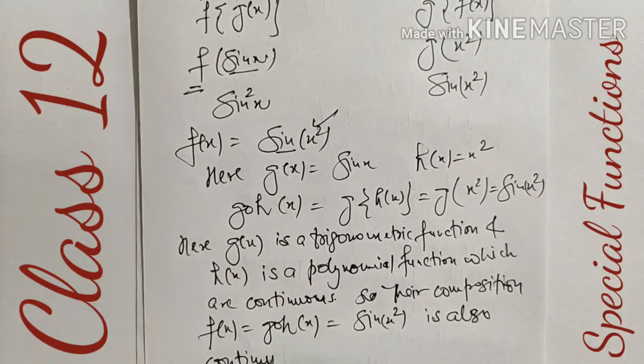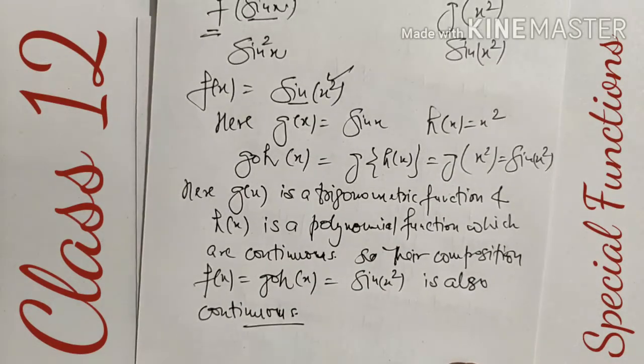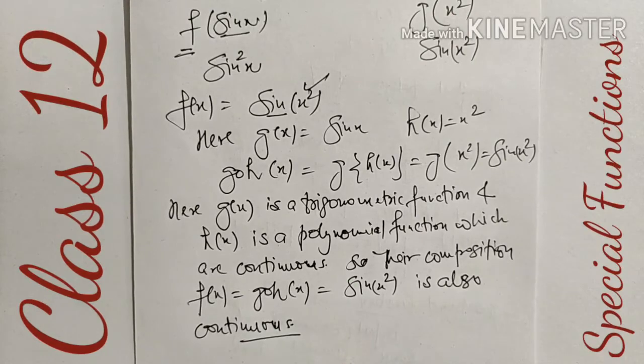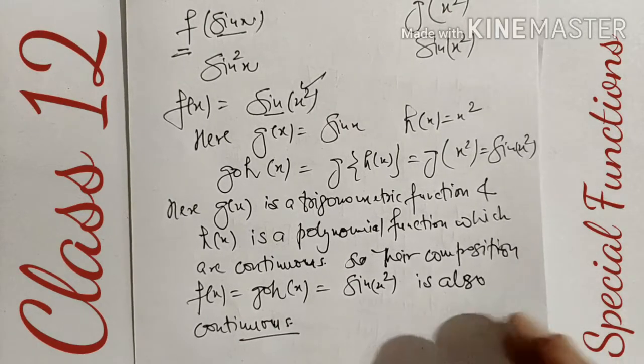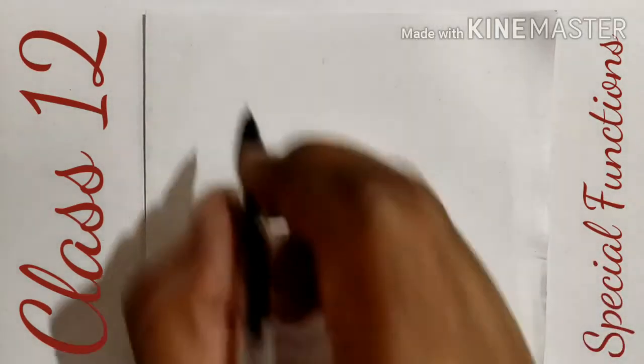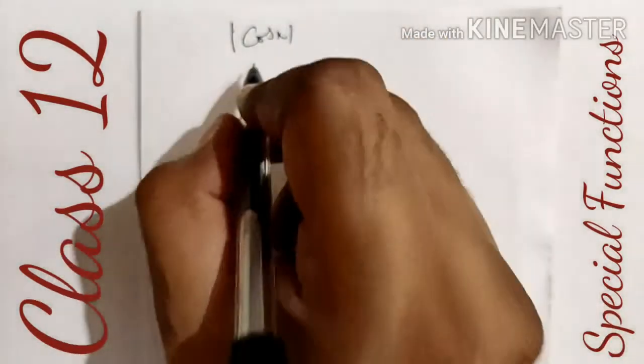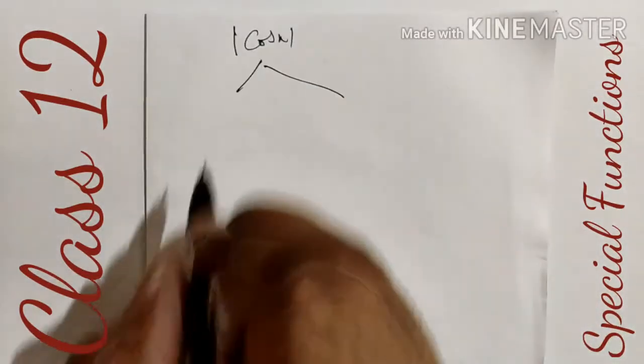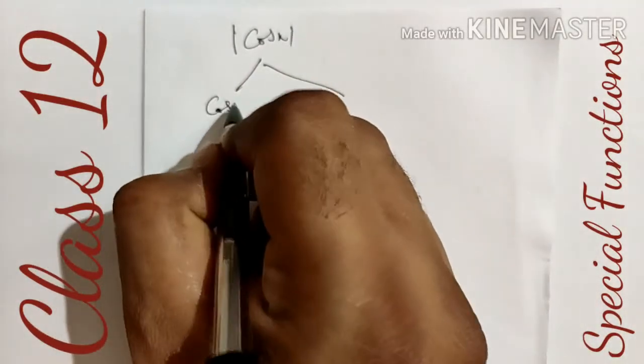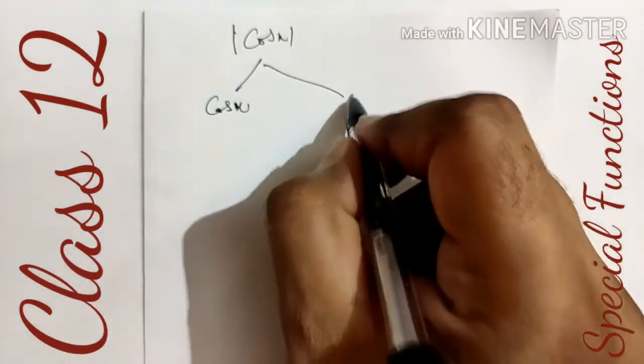We explain it like this. There are many examples of composition of functions; we are just taking one here. If we discuss another one, the function cos of modulus of x, we see it is a group of two functions. One is a trigonometric function, the other is a modulus function.